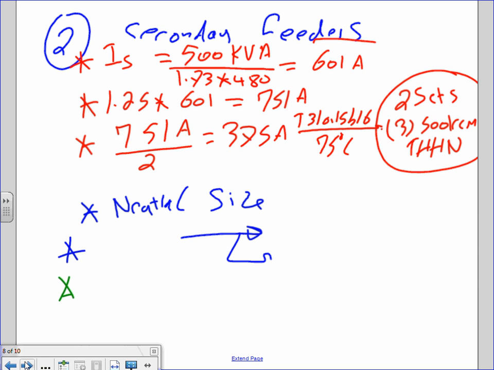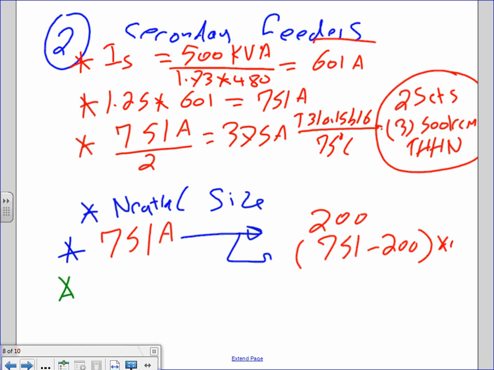Neutral size. For the neutral size, guys, we take the 751 amp. Remember the whole magic deal here, 200 amp, leave him alone. Then 751 minus 200, multiply this by 0.7.